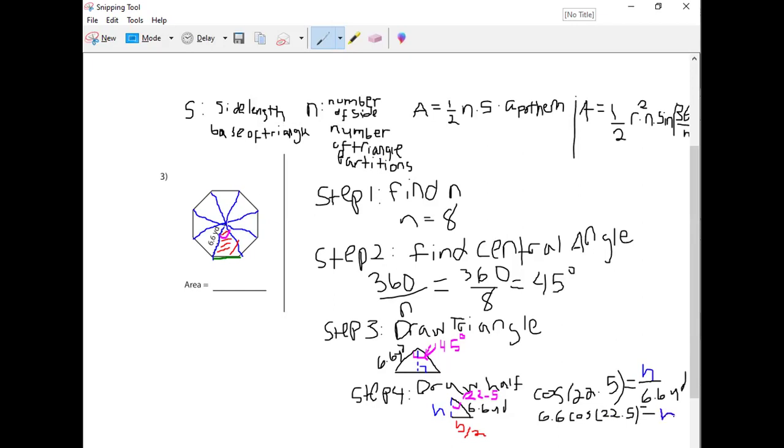Okay, next I have to find the base of my triangle. Remember, we're just looking at half the base in this particular triangle. Half the base is opposite from your angle. And what do we know for sure?